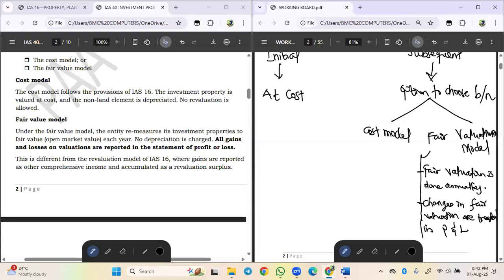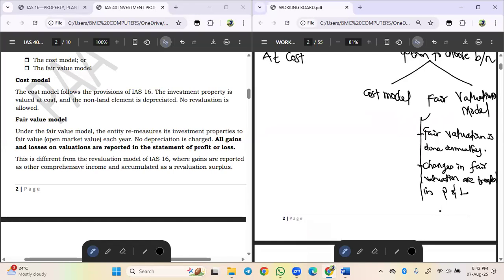Under what? Statements of financial performance and other comprehensive income. Yes, OCI, thank you. But for this one, the difference is straight to P&L.